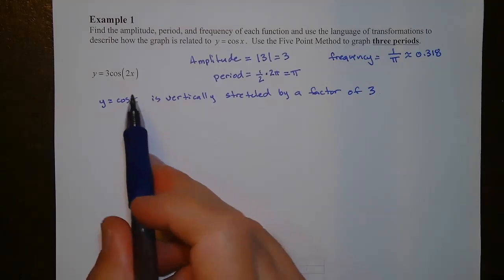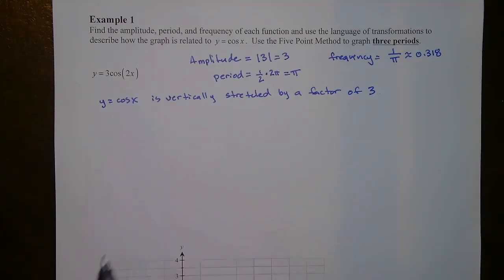All right, and then what does the 2 do? Well, we're going to describe it through the reciprocal of that 2. So the reciprocal of 2 is 1/2. So when we multiply our x's by 1/2, that's going to cause them to move closer to the y-axis. It's going to cause them to compress or shrink towards the y-axis. So that's a horizontal compression by a factor of 1/2.